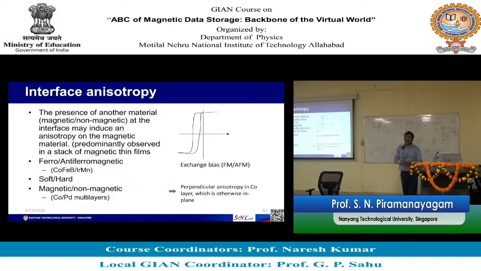So I will have some kind of anisotropy. So this comes from the interface between the two layers. So here you have cobalt interfaced with platinum, here you have cobalt interfaced with iridium manganese. So there is some anisotropy coming because of such interfaces, and we call them the interface anisotropy.